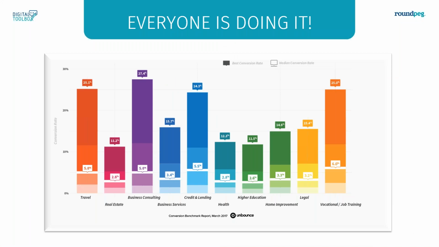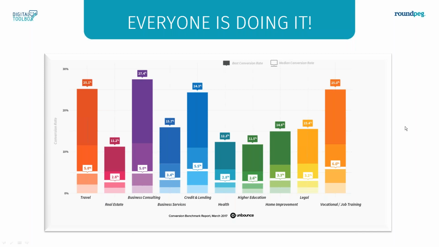Everyone is doing it. Everyone in every industry, we're seeing these landing pages pop up. And the question is why? Well, mostly because it works. Now, this process of creating a landing page and making an offer and exchanging it for an email is more effective in some industries than others.